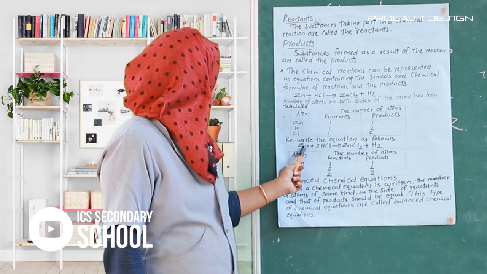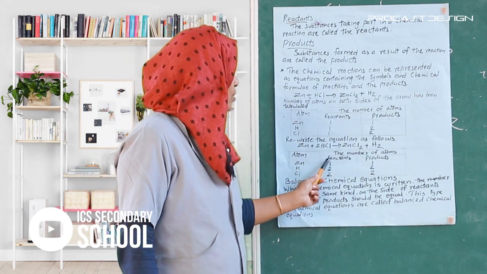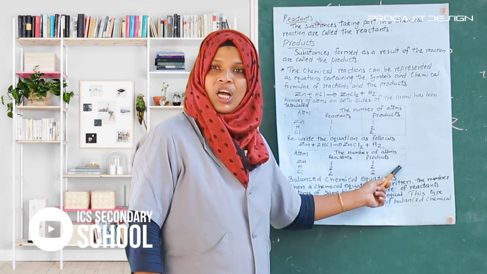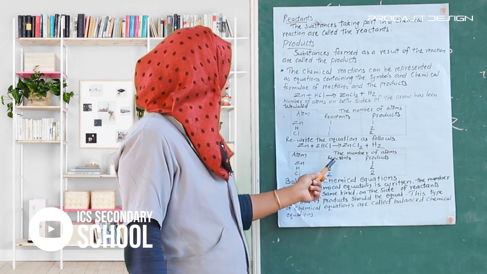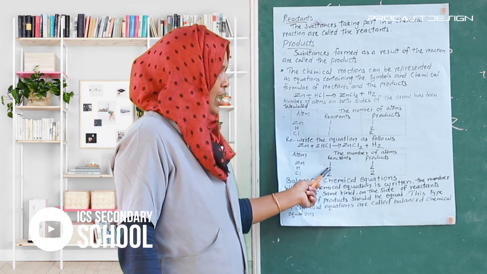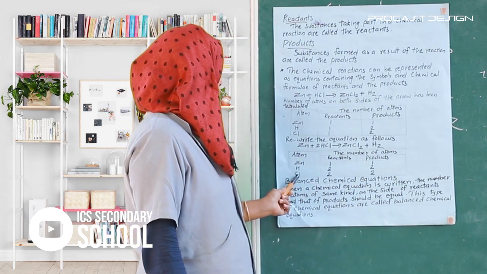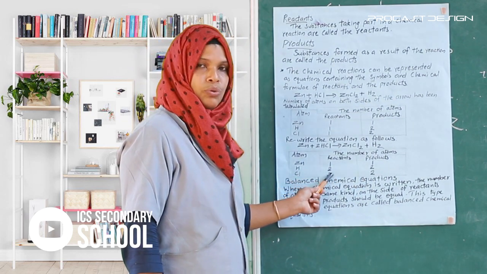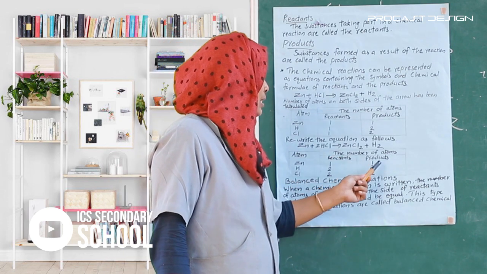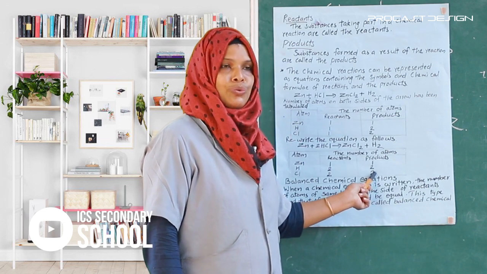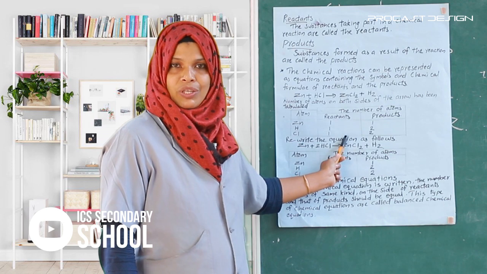First consider zinc: the number of atoms on the reactant and product side are 1. Then hydrogen: the reactant side number becomes 2 and the product side 2. Then chlorine: the reactant side number of atoms is 2 and the product side 2. This type of equation is known as a balanced chemical equation.